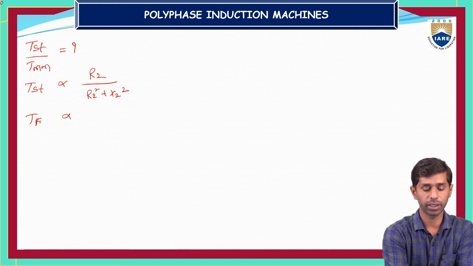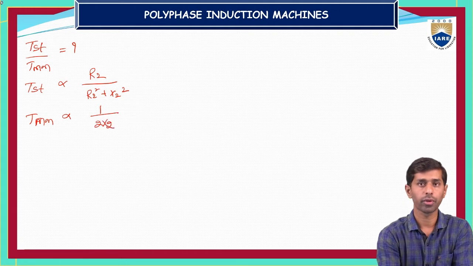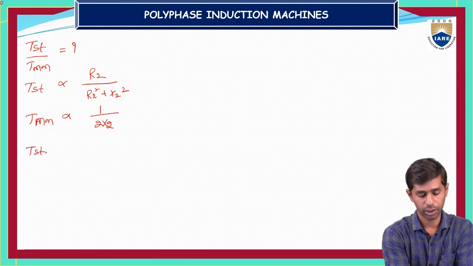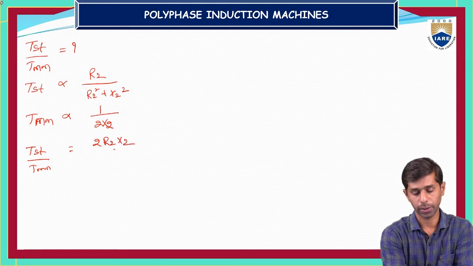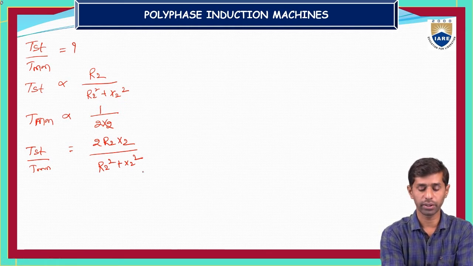For T maximum, we have the relation that it is directly proportional to 1 by 2 X2. That is, T starting by T maximum equals 2 times R2 X2 by R2 square plus X2 square. Both numerator and denominator should be divided by X2 square.